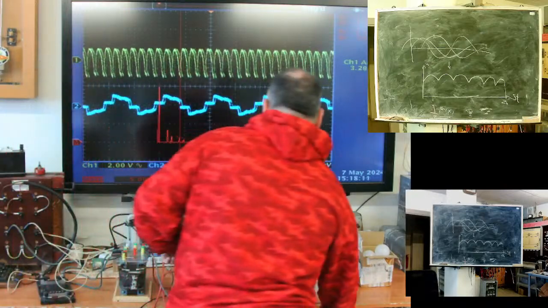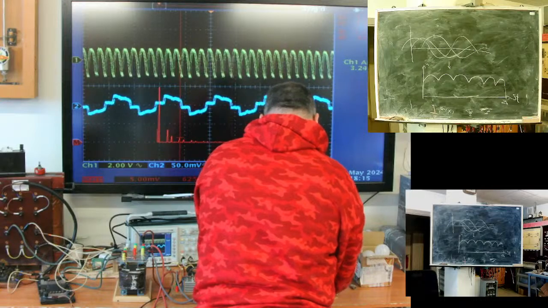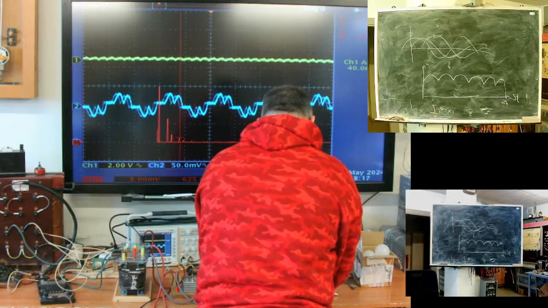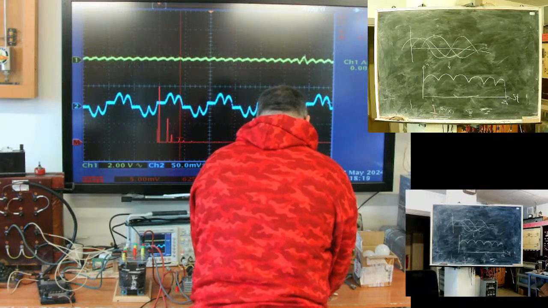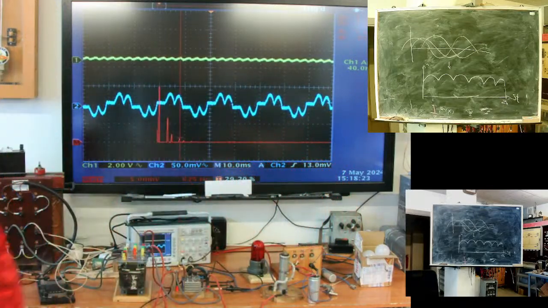I'm adding the filter. Here, how the phase current looks like. You see this? Double waves.